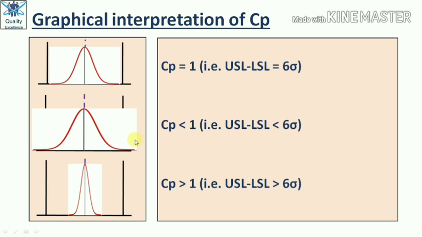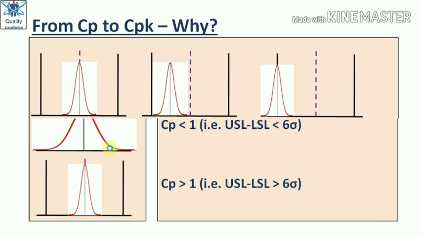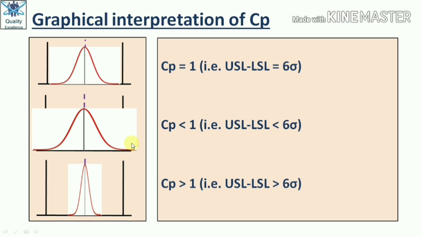So USL minus LSL is less than 6 sigma, and 6 sigma is nothing but our process width. So our process width is more than our specification width. It means we will produce some bad parts which will not be acceptable by the customer. So in this case CP will be less than 1 because our numerator is less than denominator.